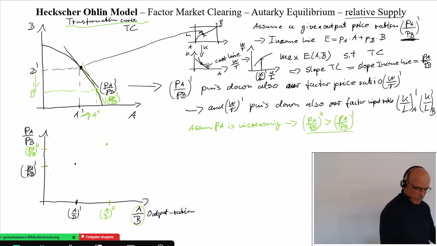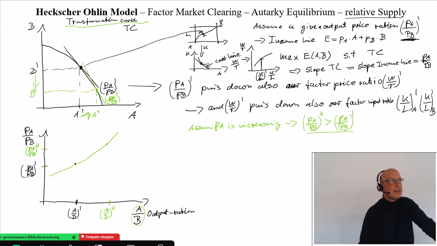So in the end, doing this for all possible price ratios, again, we make this general thought experiment. Very surprisingly, we obtain something like a supply curve for our relative output depending on the relative prices.